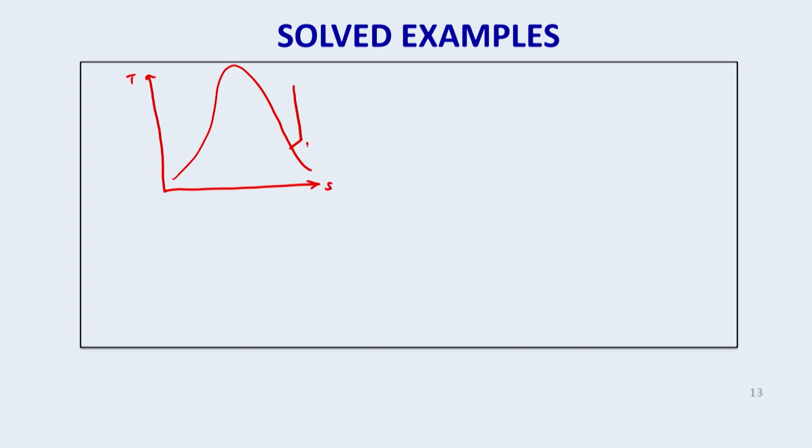So this is state point 1, isentropic compression 1 to 2. Heat rejection process. This is 2 dash. This will be 1 dash.